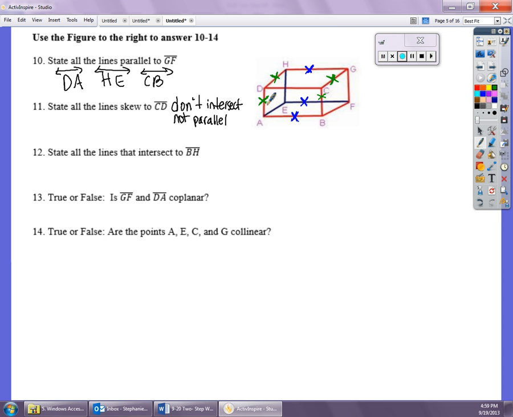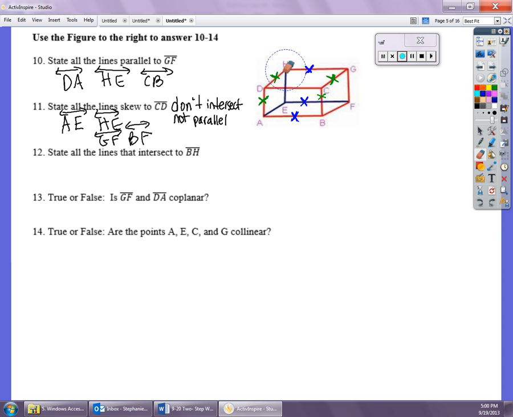So the only lines that actually never touch CD are going to wind up being AE, HE, GF, and BF. So those 4 lines never interact with CD and they're not parallel to CD. So that takes care of skew.